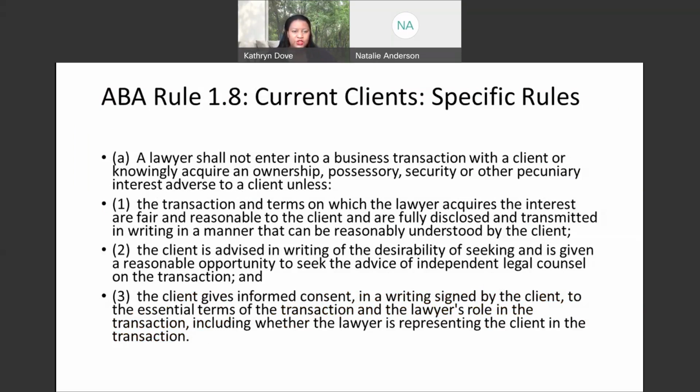A lawyer shall not enter into a business transaction with a client or knowingly acquire an ownership, possessory, security, or other pecuniary interest adverse to a client, period. So Rule 1.8, Section A forbids this transaction.